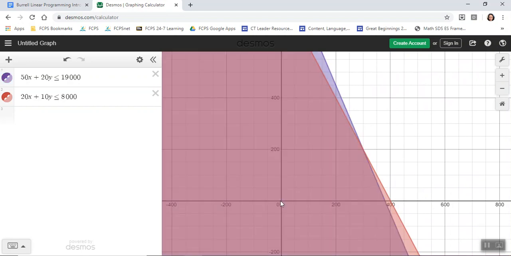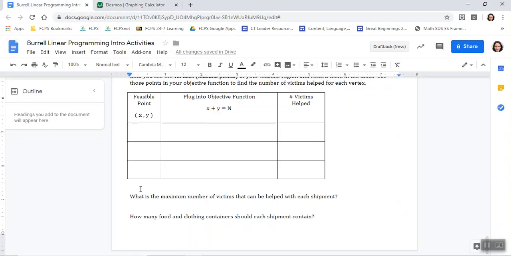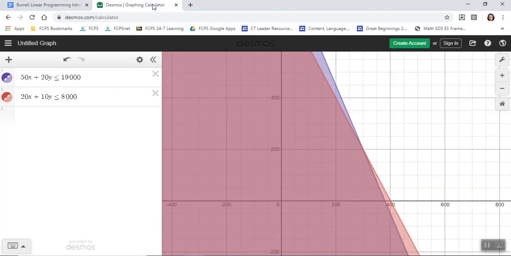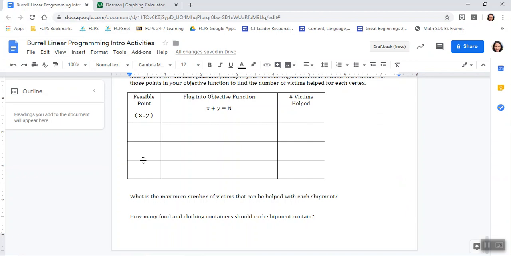And the point 0, 0 is a corner point, but I might leave that one off because I didn't leave enough space in my chart here for another one. So I'll leave off 0, 0 because I know that that cannot give me the highest number of victims helped. 0 plus 0 is not going to help me out there. So I am going to do the 380, 0. That'll be one of my feasible points.